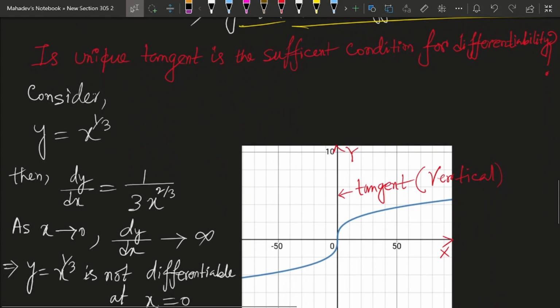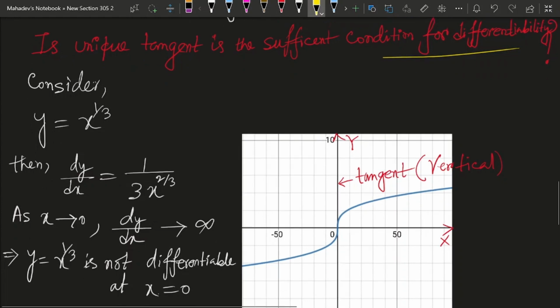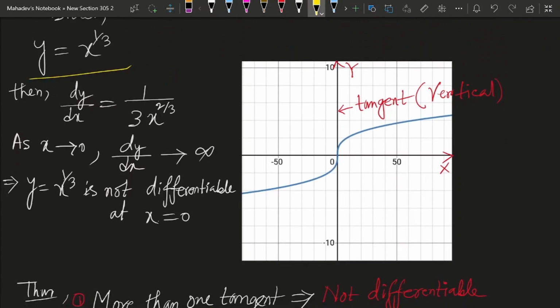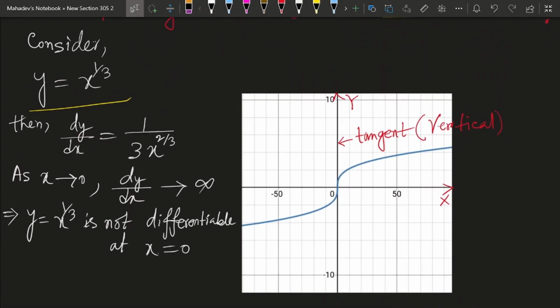Now the next question is: is a unique tangent a sufficient condition for differentiability? Yes or no? We find that a unique tangent is a necessary condition for differentiability, but is it sufficient? For this, just consider the function y equals x to the power 1 over 3.